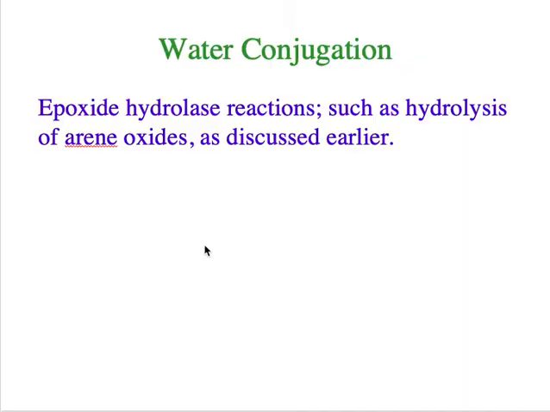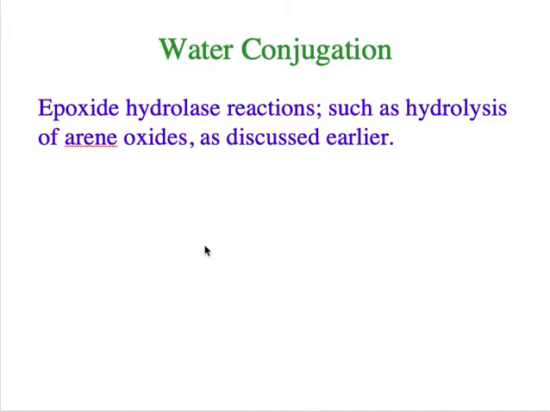So there's also water conjugation. We talked about this earlier when we were talking about how you could oxidize a double bond to an epoxide, and then you had epoxide hydrolase reactions that were going to turn that epoxide into a diol.